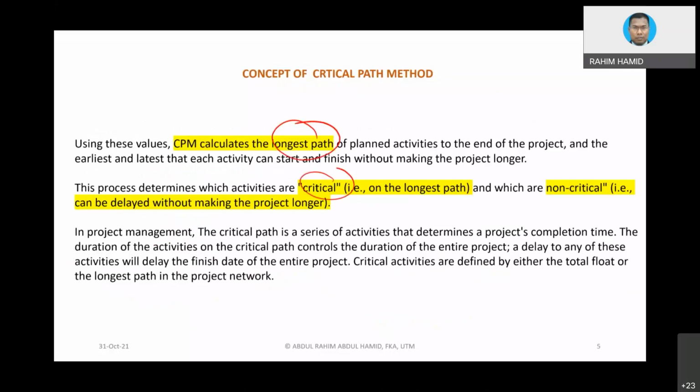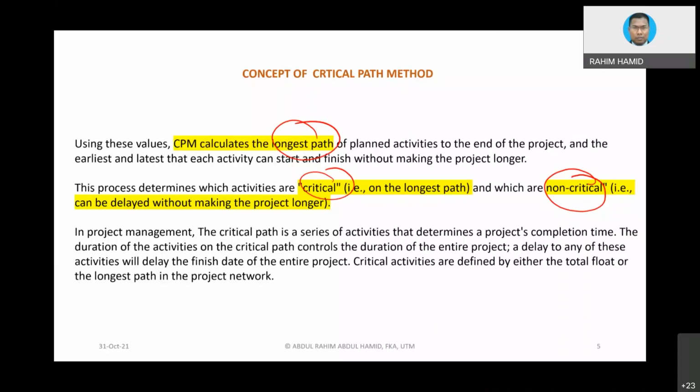And eventually we can know which are the critical activities and non-critical activities. The difference between critical and non-critical is not because they are not important. Maybe with the words non-critical and critical, we think that it is not important. No, all the activities are important. Otherwise, we are not going to put them into the listing. The non-critical and critical is only a matter of whether they have free time or not.